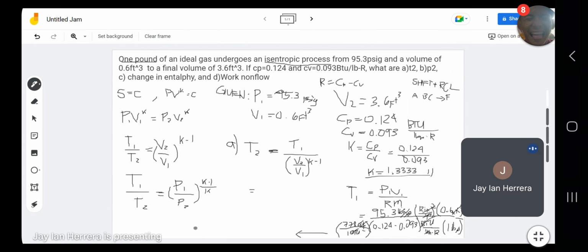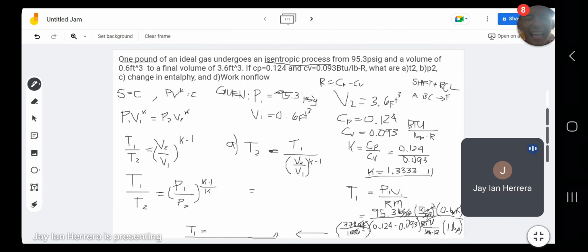Okay, so let's solve for T1 first. For T1, we have 95.3. When solving, it is best to use the fraction button right away, the third button below the upper left corner.